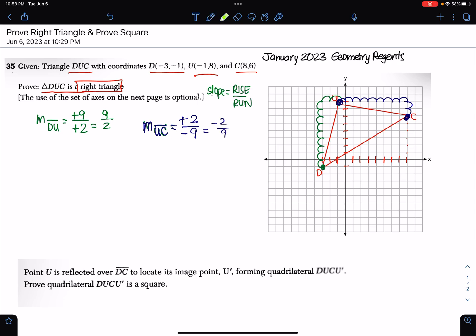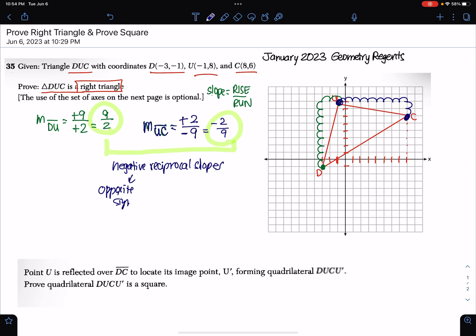Now, if you look at the slope of line segment DU and the line segment of UC, they are negative reciprocal slopes, which basically means they are opposite signs and they're flip slopes of each other.